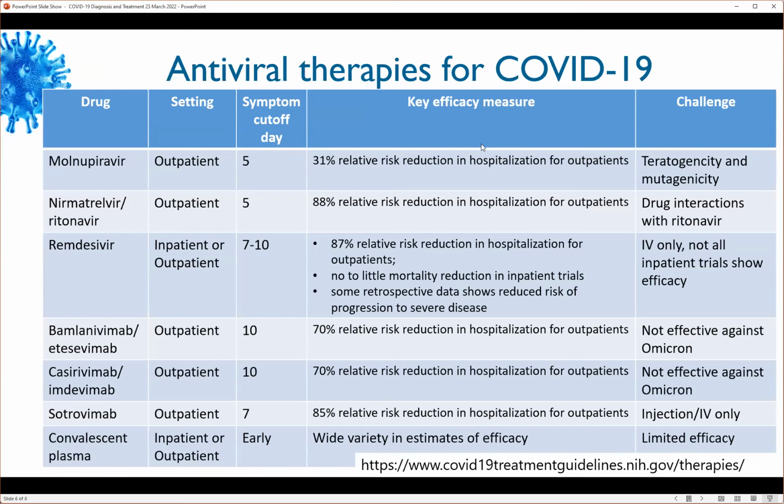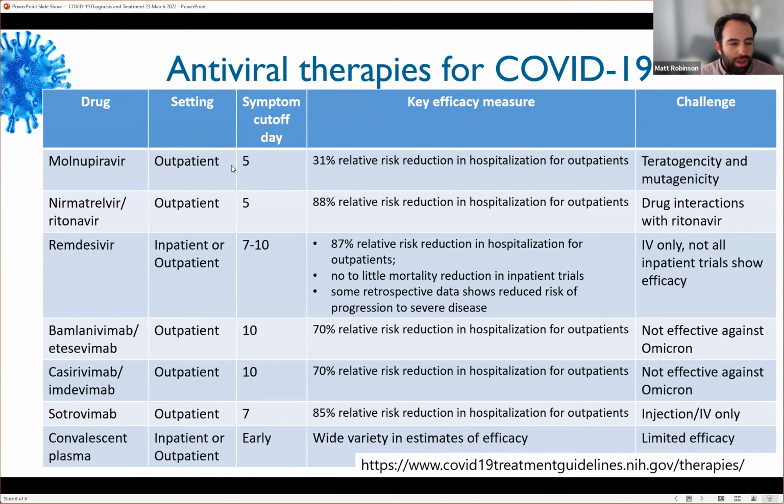And then I have here a key efficacy measure from a trial. And the last column shows some challenges and caveats with those therapies. The first two drugs are relatively new, only became available in the US at the very end of 2021 or the beginning of 2022. And I'm unsure how available they are in other settings.